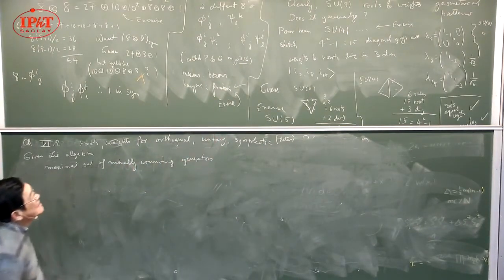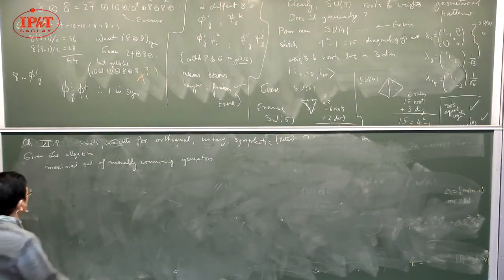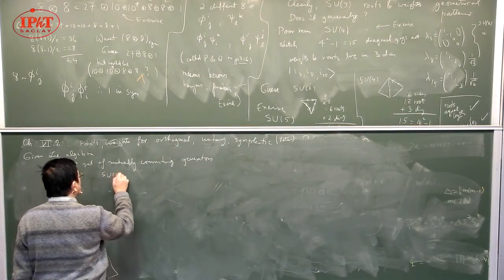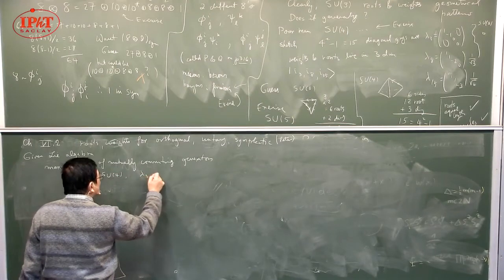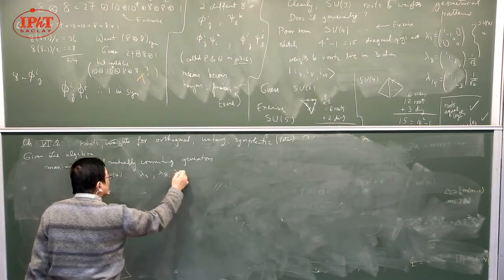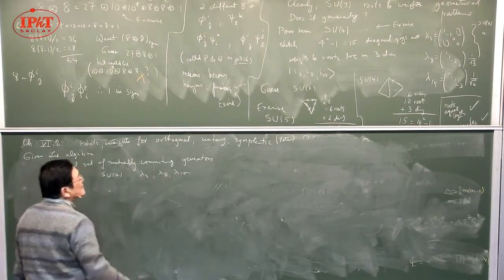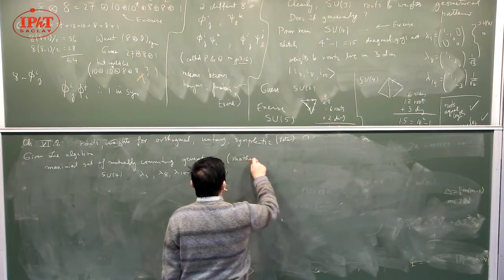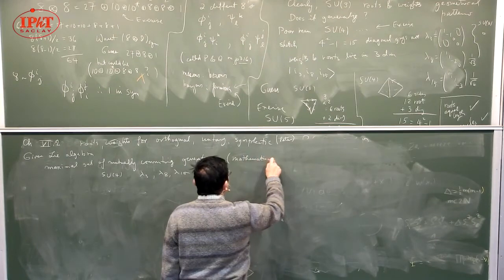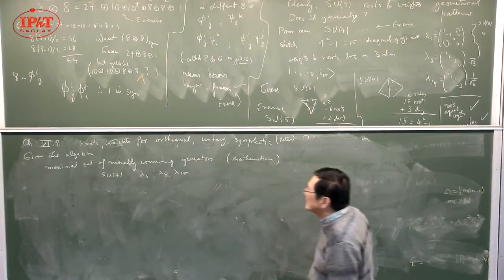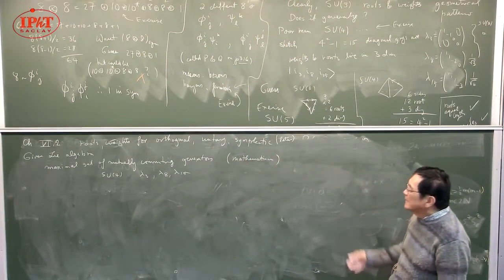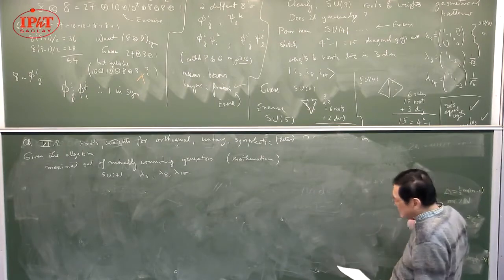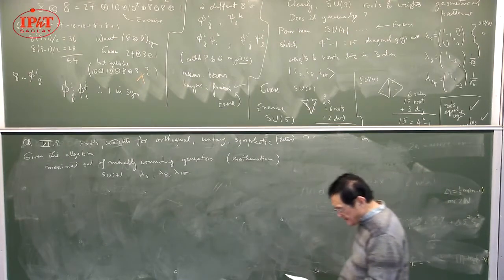So for example, for SU4, the example I just worked out, they are lambda 3, lambda 8, and lambda 15. This is how a mathematician would say it: we find the maximal set, and in this case the maximal set is these three diagonal matrices.